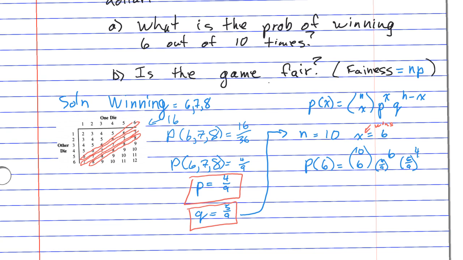Punch that into your calculator and you get this final answer of 0.15. P of 6 is 0.15, which is really just a 15% chance. So to get 6 possible wins, it's a 15% chance.